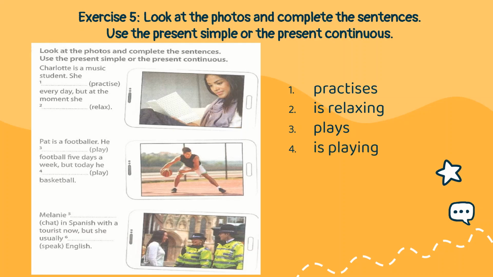He is playing basketball. Number 5, Melanie chat. Verb is chat, in Spanish with a tourist now. Keyword is now, present continuous. Melanie is one person, so it's singular, so we use is. Melanie is chatting. Okay, remember it is rule number 3, chat, chatting, double consonant.